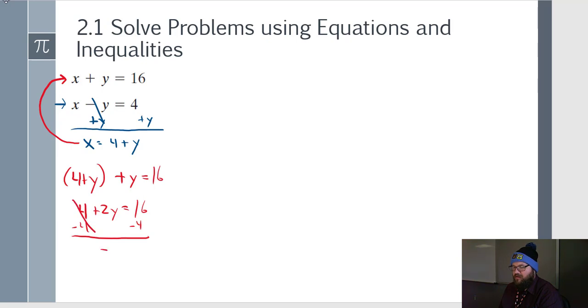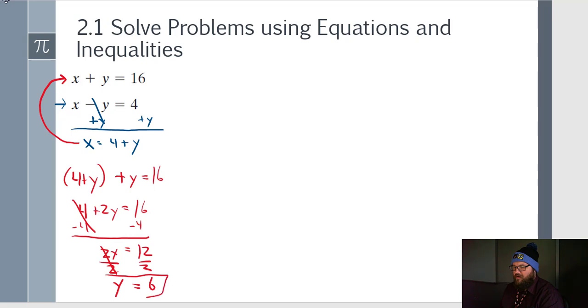I'll bring down this 2y, and 16 minus 4 is going to give me 12. And then I need to divide by 2 on both sides, therefore that can give me y over here. These 2s will cancel out, and we're left with 12 divided by 2 is 6.